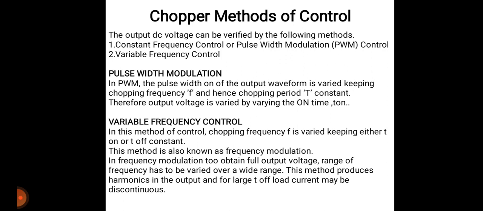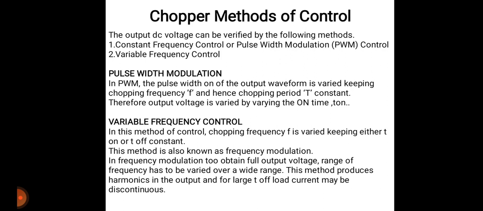In the first, that is the PWM method, pulse width modulation, the pulse width of the output waveform is varied keeping chopping frequency f and hence chopping period T constant. Therefore, output voltage is varied by varying the on time, that is T on.